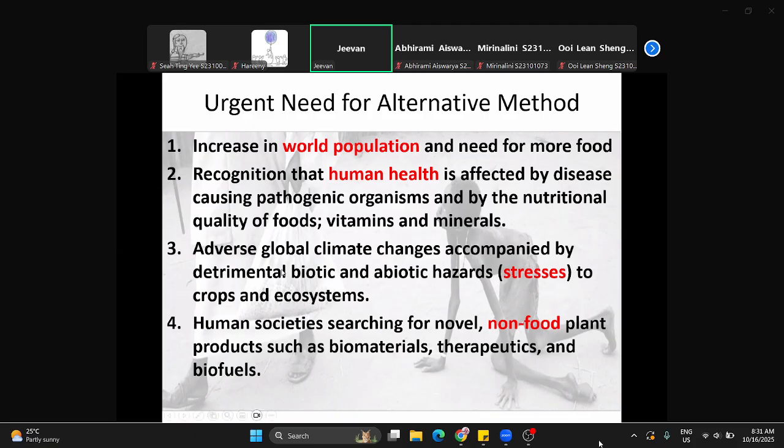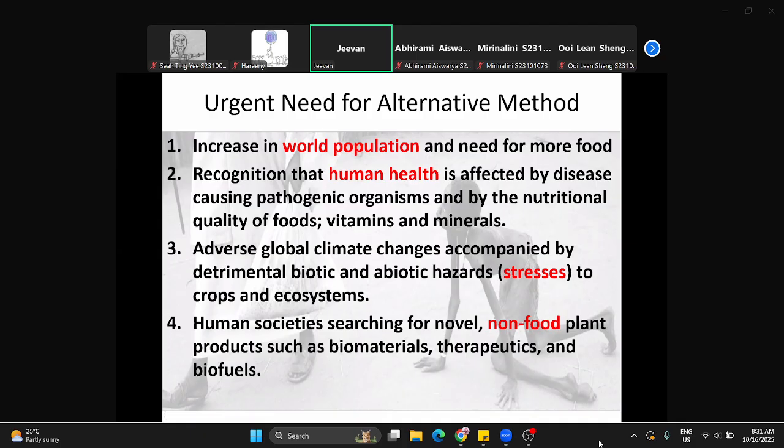And number three, adverse global climate changes accompanied by detrimental biotic and abiotic hazards or stresses to crops and ecosystem are taking place. Meaning the world climate is constantly changing, shifting, and it is damaging both the biotic living things and abiotic non-living things by causing stress to the crops and ecosystem.